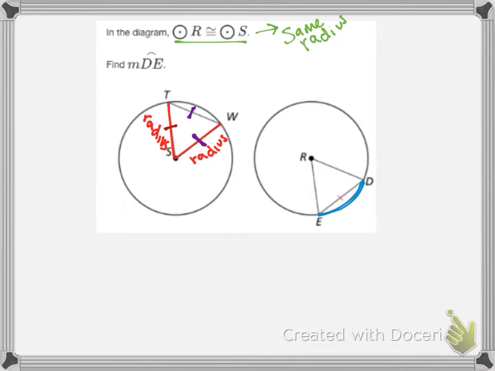All of the sides are equal, which means all of the angles are equal. There's 180 degrees in a triangle, split 3 even ways, so each angle is 60. So if you're finding this arc, it corresponds with this angle. Since it's a central angle, they're going to be congruent. So TW is 60, which means DE is also 60.